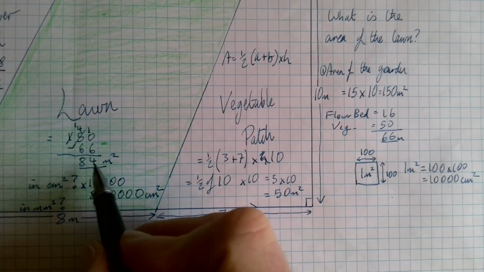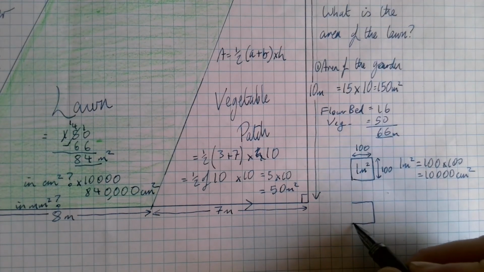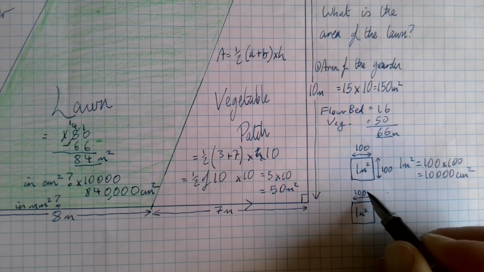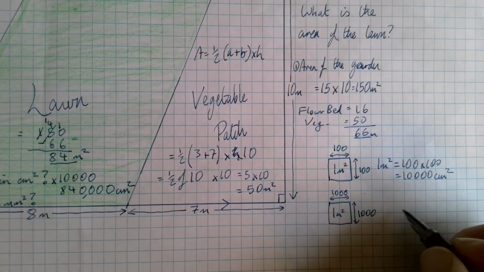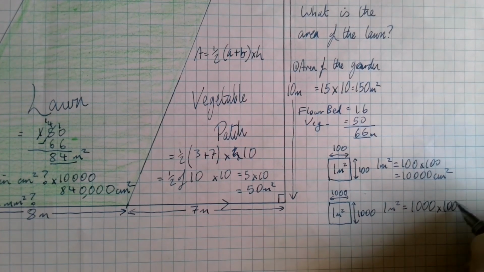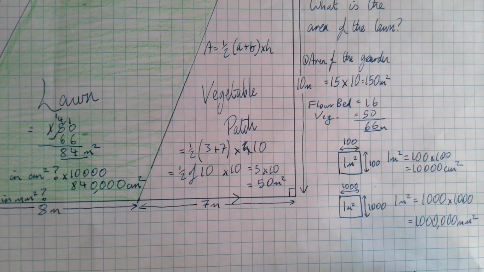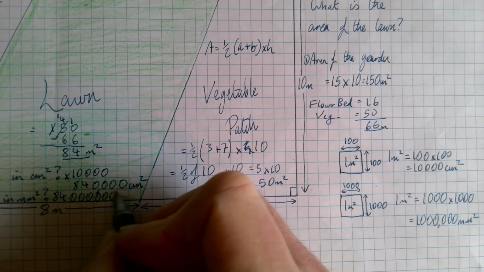Well, think about 1 square meter. 1 meter is 1,000 millimeters, so 1 square meter is 1,000 millimeters times 1,000 millimeters, and 1,000 times 1,000 is 1,000,000 millimeters squared. So if I wanted it in square millimeters, it would be 84 million. So that is 6 zeros after.